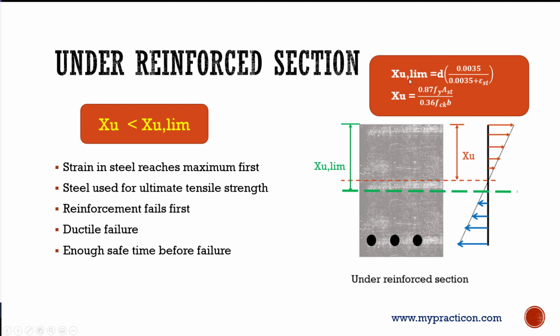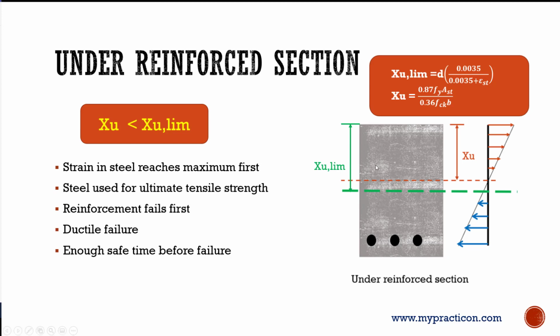The limiting or balanced neutral axis equals D, meaning the effective depth of the section, times 0.0035 by 0.0035 plus epsilon ST. So this gives us the limiting neutral axis depth. And then the actual neutral axis depth based on the reinforcement is 0.87 FY AST by 0.36 FCK B.